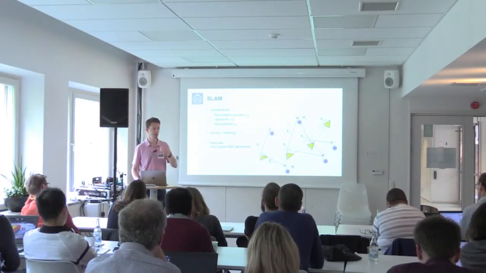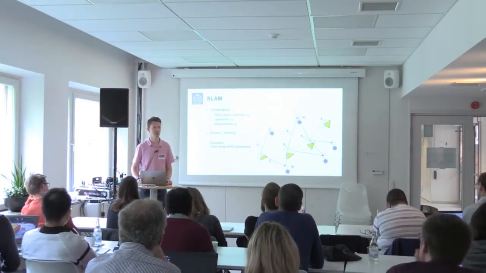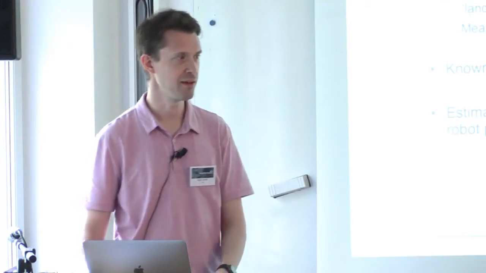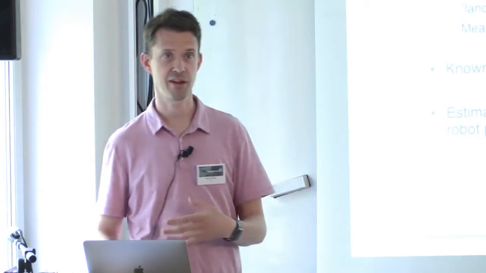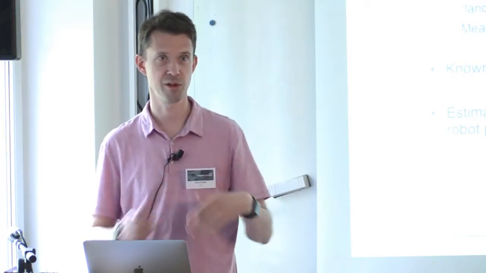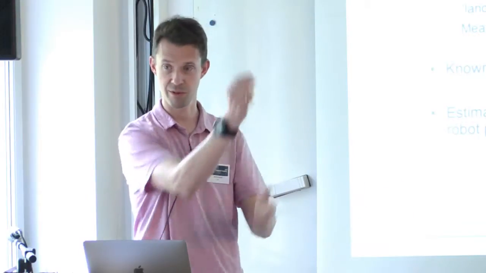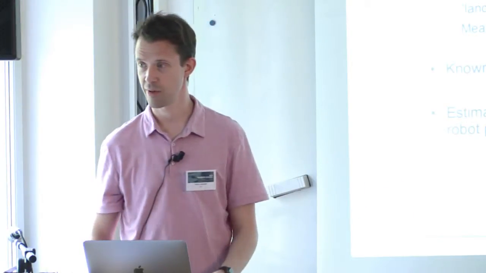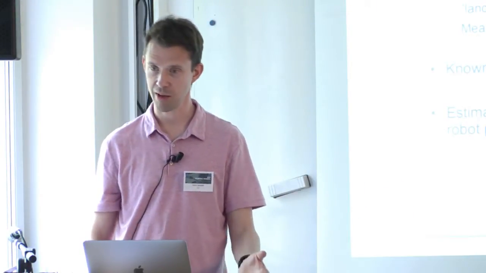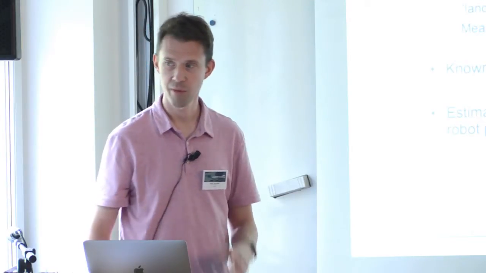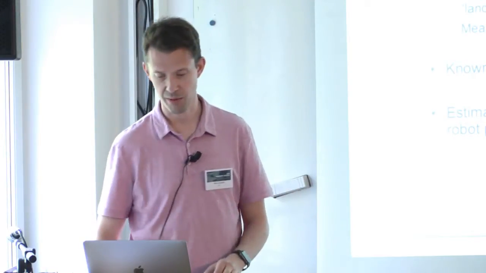So we will typically assume that we have some kind of sensor model. We know that the data we get from our laser scanner is the distance in meters, and we know the resolution in angle and so on, so we can actually tell where a certain measurement came from in the world. That we will assume, but we will not assume that we know anything about the environment itself.